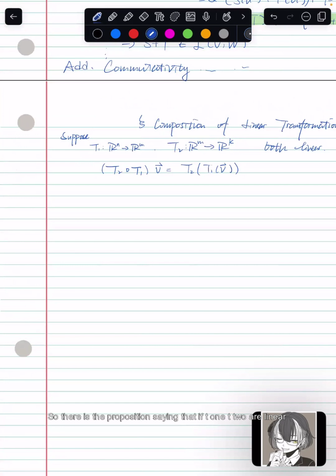Okay. So there is a proposition saying that if T1 and T2 are linear, then this composition is linear.